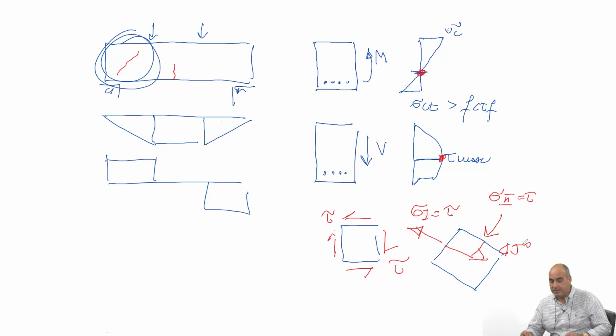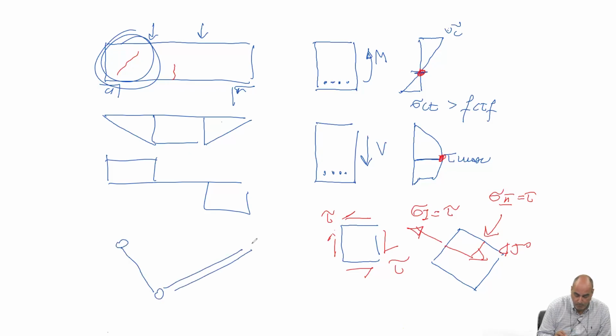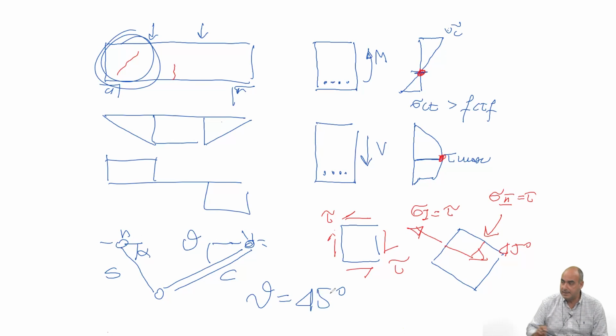So that is the reason for which in the model that I drew before, steel and concrete, this angle alpha is at the designer's choice, and this angle theta, in the Morse truss model, was 45 degrees.